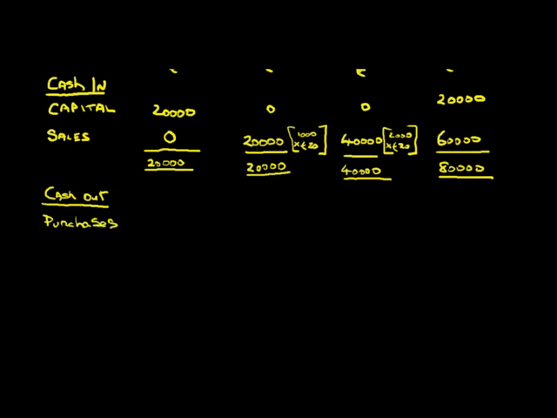Purchases means buying something that you will sell on, or materials that you will incorporate into a product and then sell on. So we're talking about the purchases of raw materials. And so how much will that be? Well, we're going to have to make 1,000 of these things in the first month. Okay, and the material cost is €4 each, so that should be 4,000.